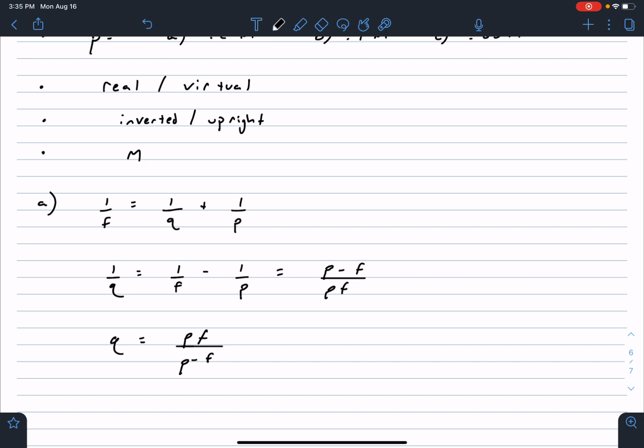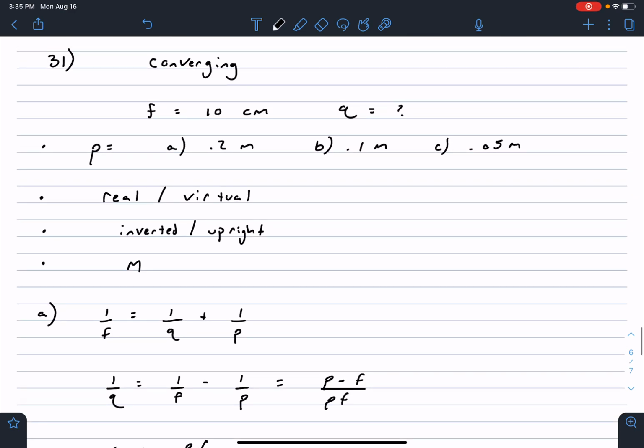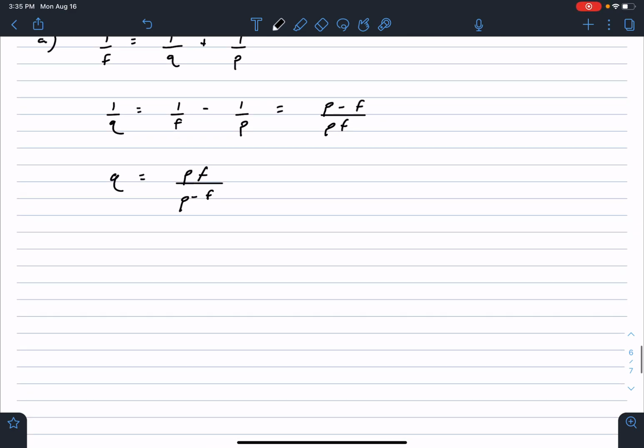F is 10 centimeters. P is 20. So we have 10, 20, and these are in centimeters. This is centimeters squared, over P minus F, right? So 20 minus 10 is going to leave you with 10 centimeters. So that leaves us with 200 over 10.